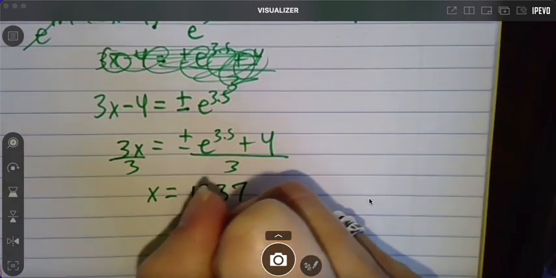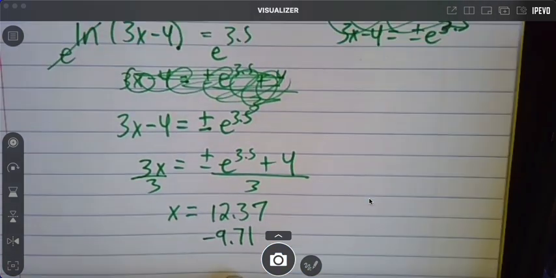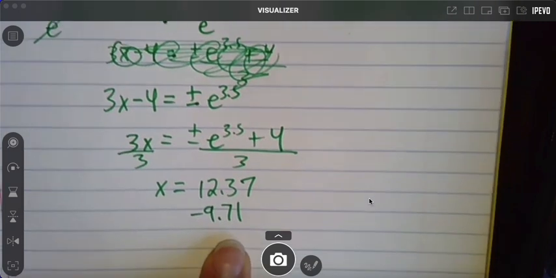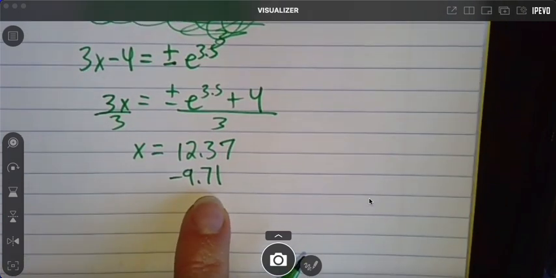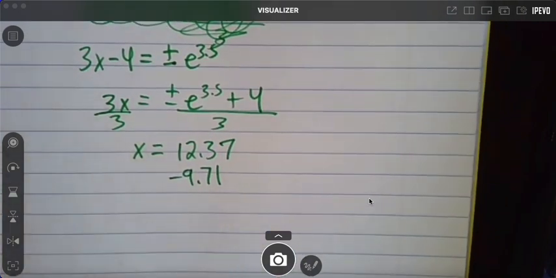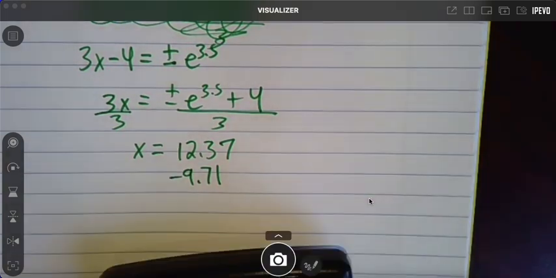Now, how would you check? Since it tells me to check our answers on this one, I would just go back and plug it in. So I'm going to do 2 times, let me see if I can enter it in all at once, the natural log of 3 times 12.37.